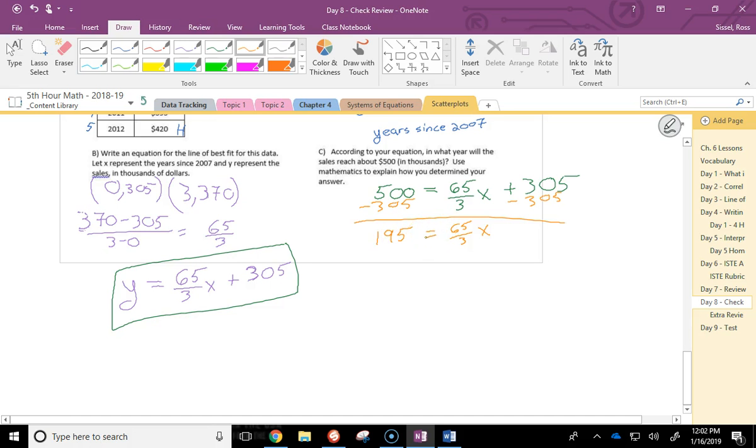How do I get to x? Now I have 195 equals 65 over 3 times x. How do I get my x by itself? Troy?